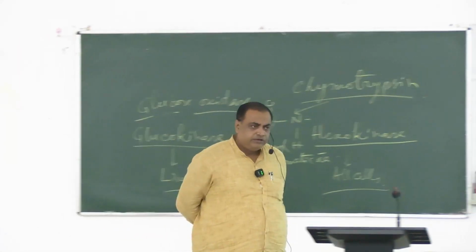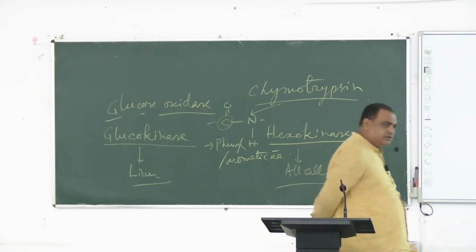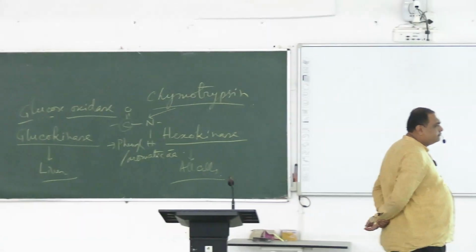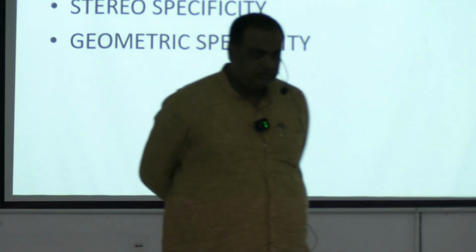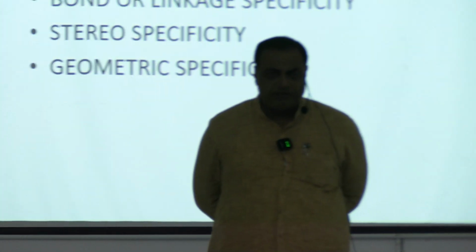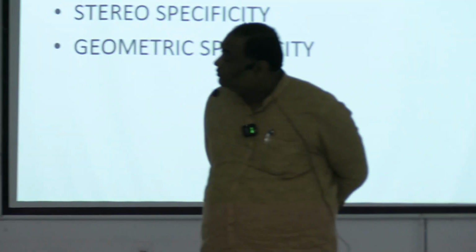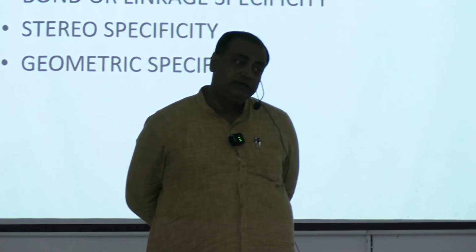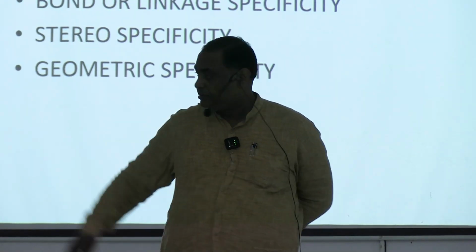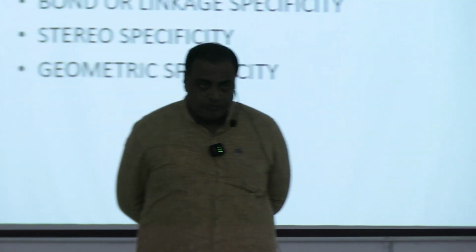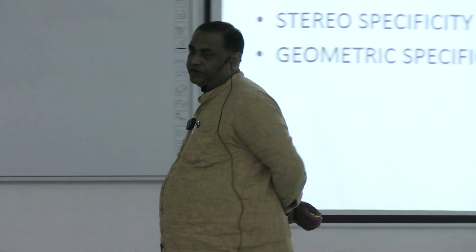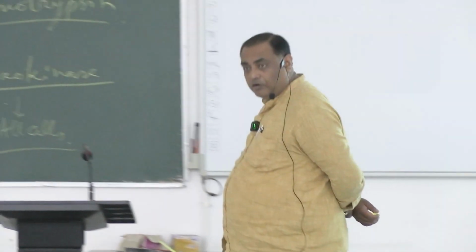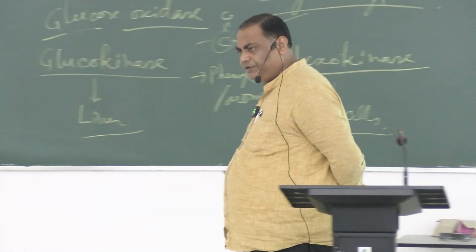Okay? Understood? So it will not see whether the protein has come from fish, katla, tilapia, prawn, it doesn't matter. Whether the protein or polypeptide has got an aromatic amino acid which has donated its C-terminal carboxyl group to the production of the peptide bond or not. Then it will cleave that peptide bond. Alright? This is bond specificity.